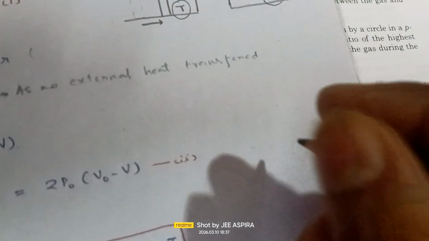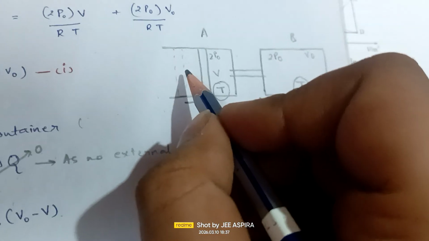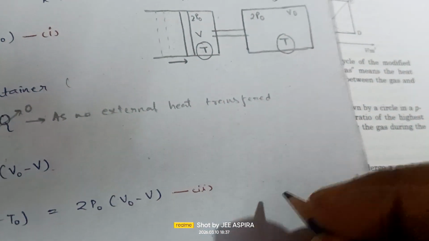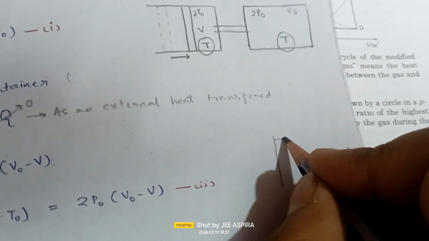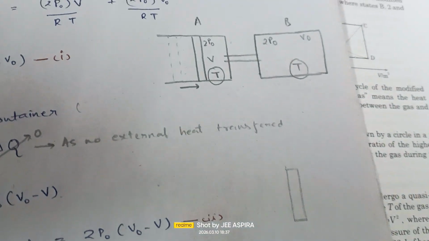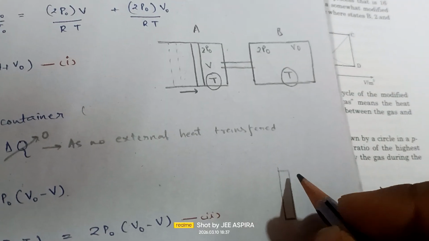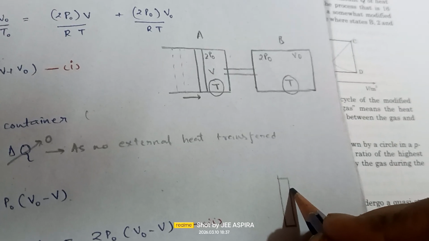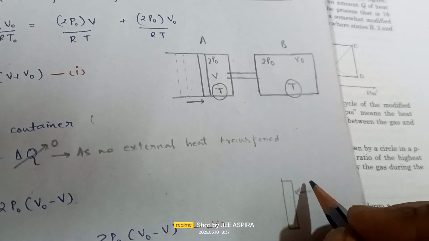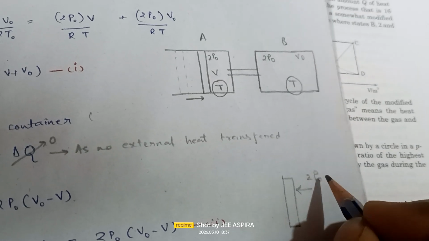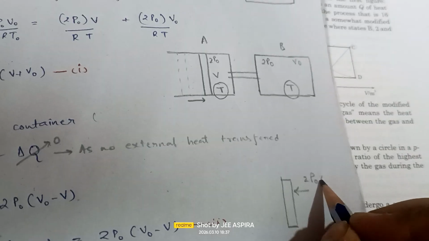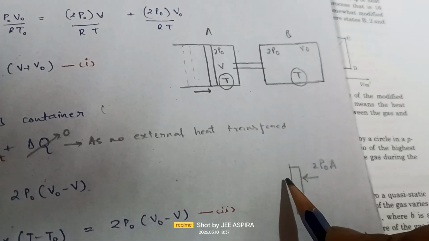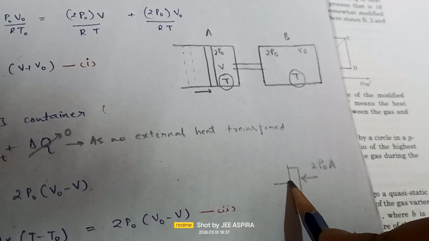Now the work done by the external force. What is the external force? We are pushing the piston. So in the equilibrium condition, the gas in container A will exert a force of P0 into A, where A is the area, and an equal amount of force will be given by the external agent.